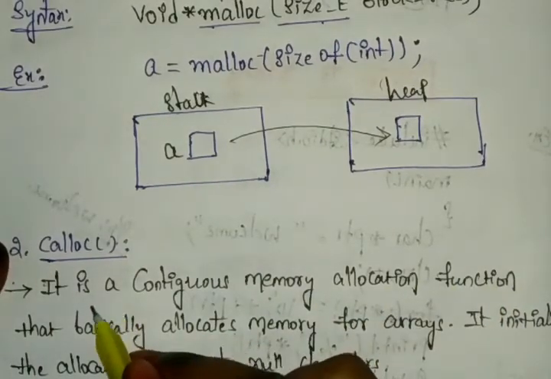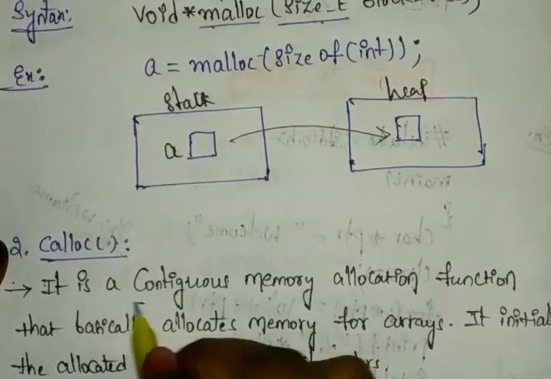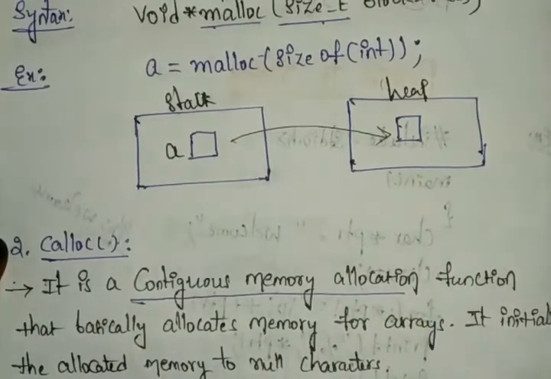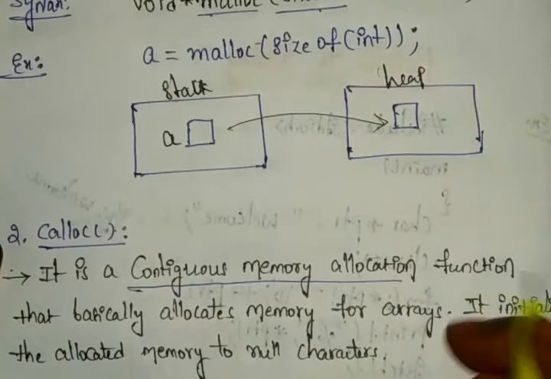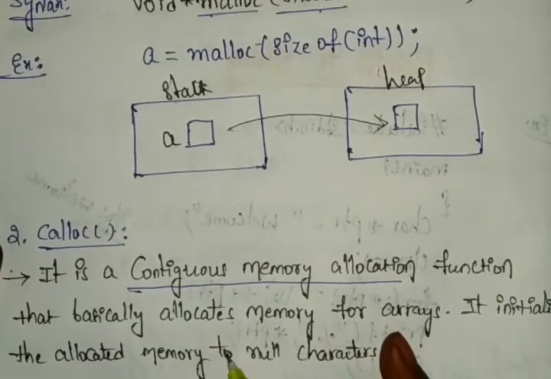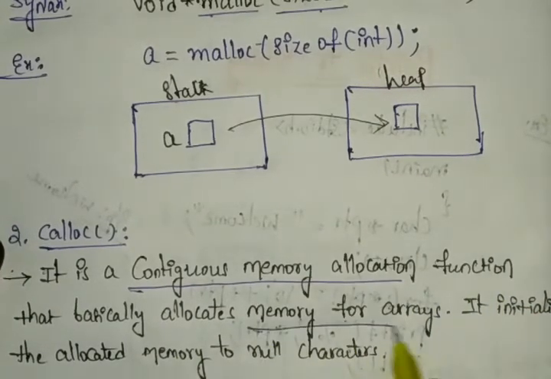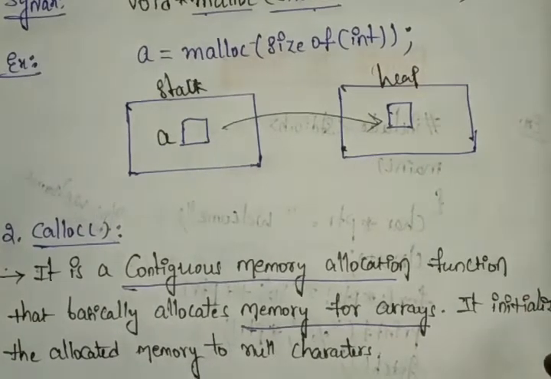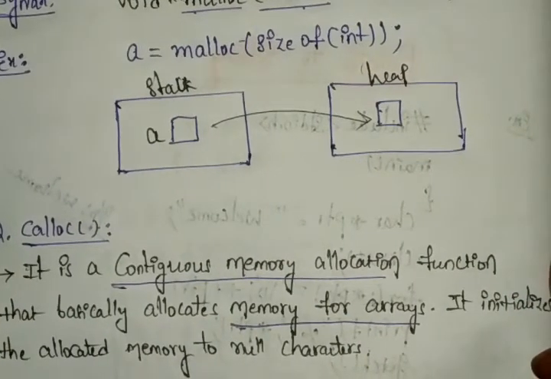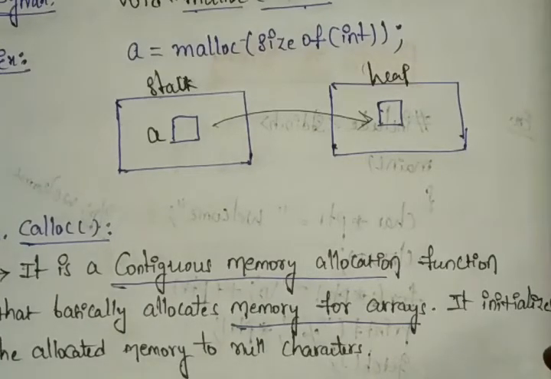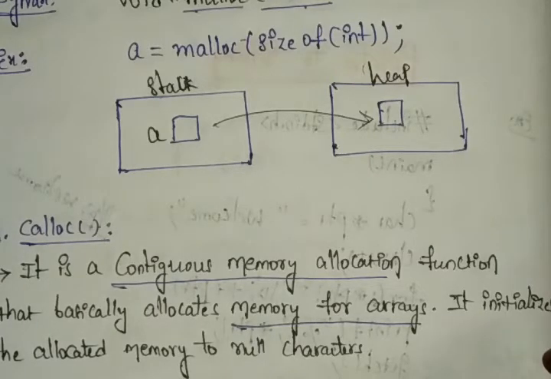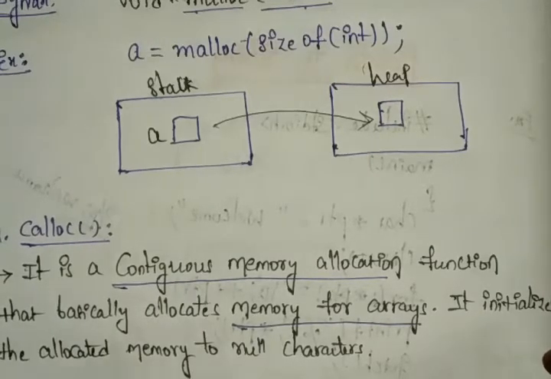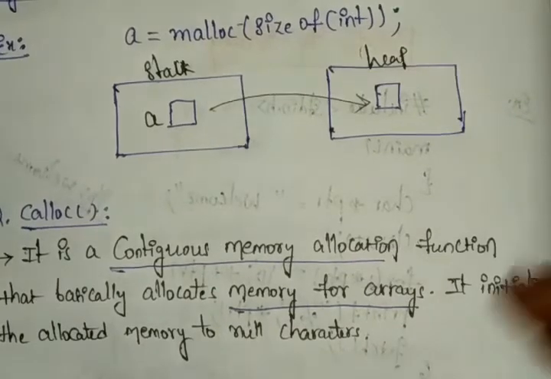So here, calloc is the contiguous memory allocation function. This is basically used for allocating memory for arrays. Whenever you are defining the memory for arrays, at that time you can use calloc, contiguous memory, and it initializes the memory with null characters.